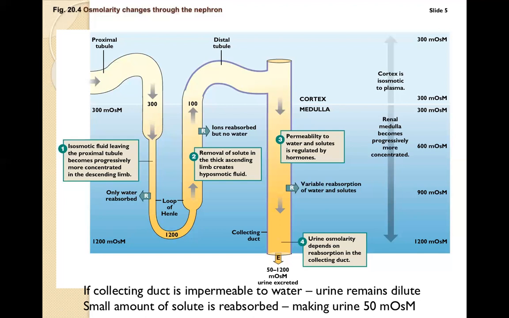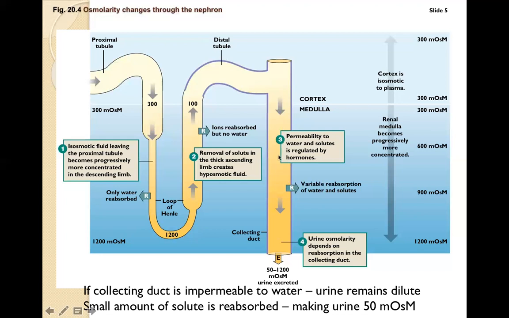If your fluid level is very high in your body, you need to eliminate fluids. So that collecting duct will become less permeable to water so that you can eliminate more of it. But if you are trying to conserve water, that collecting duct is going to become permeable to water, and water is going to be reabsorbed in that area.